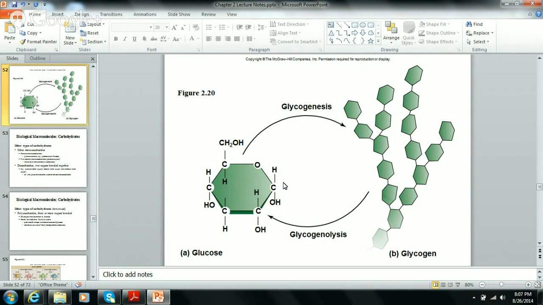They store it by taking an individual glucose molecule and attaching it end to other glucose molecules, and then they sit there, and then you break it down, and you snap off monosaccharide by monosaccharide, and you can use them, or you can put them together through glycogenesis and then store the thing all together.